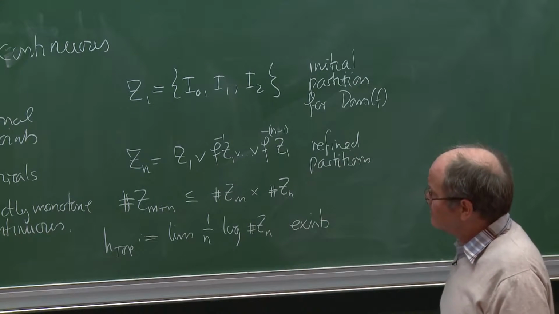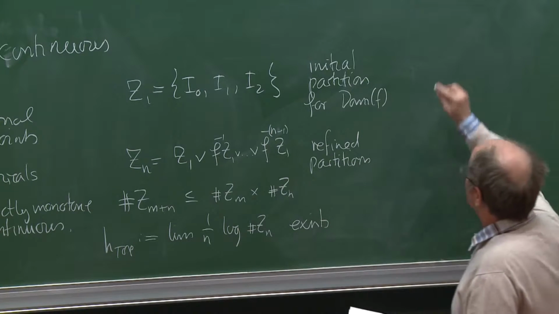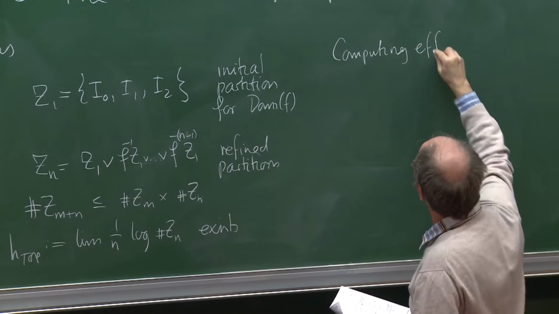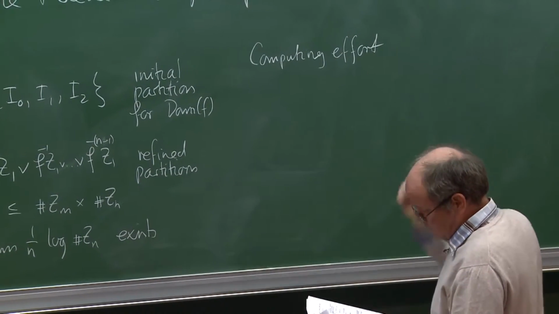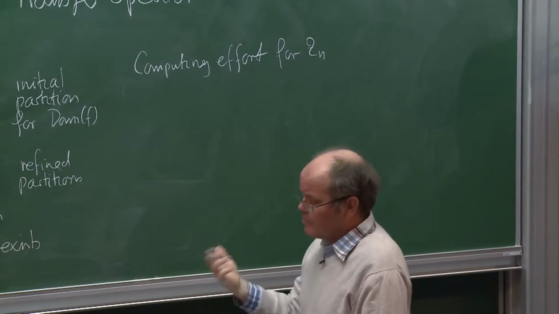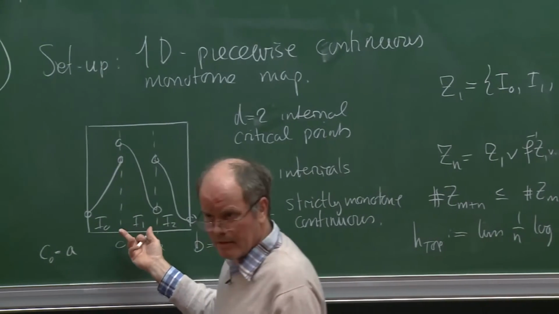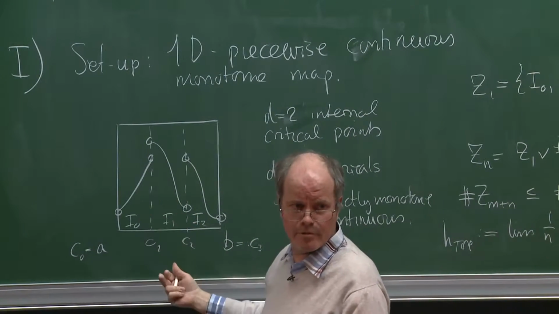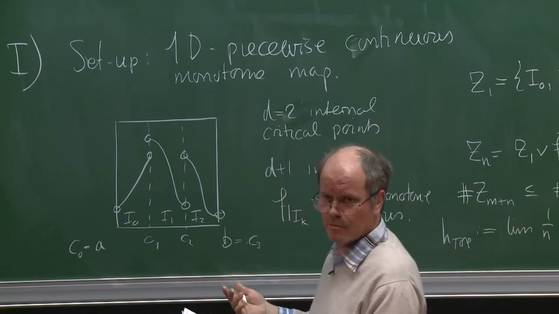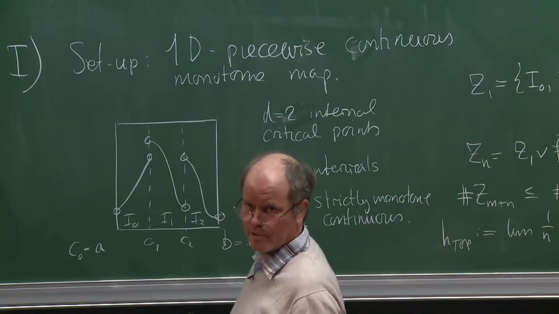Now, the computing effort in calculating Zn is quite heavy. If you need to calculate Zn, you need to keep track of all inverse images, backward iterates of the critical points. So when you look at f squared, for instance, when it's defined, you need to look at what happens when you land on the critical point.